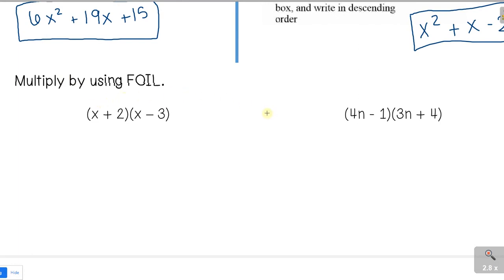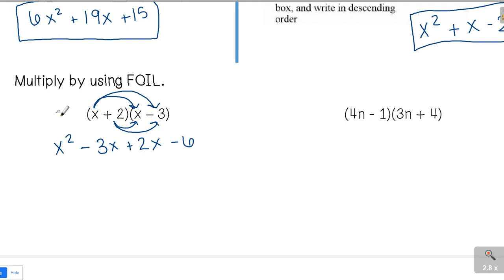So these first 2 problems, we're going to use FOIL. So we're going to take x and multiply it by x. So x times x gives us x squared. Then we're going to take x and multiply it by negative 3. We get negative 3x. Then we're going to take 2 and multiply it by x. So we get plus 2x. And then 2 multiplied by negative 3, we get negative 6.